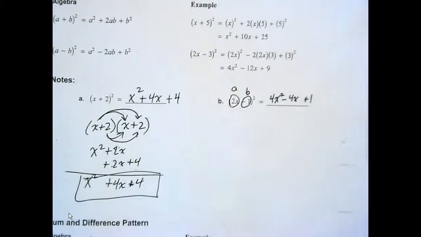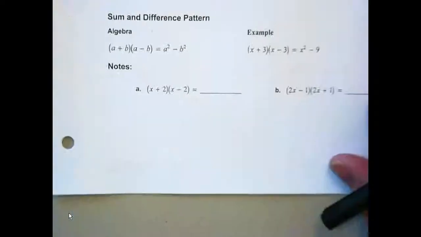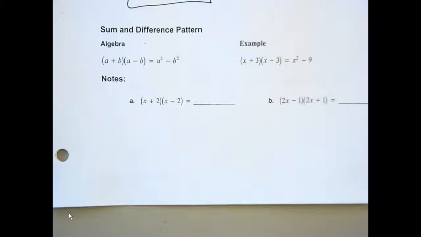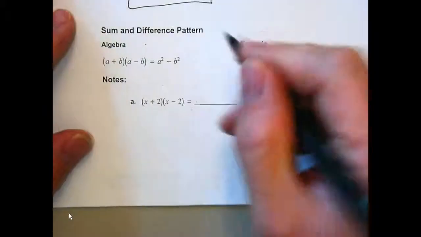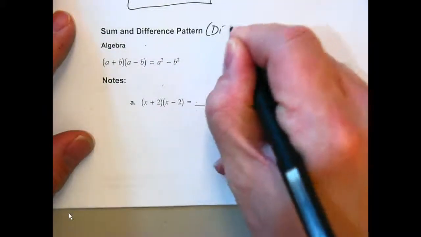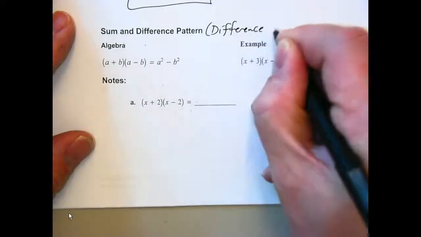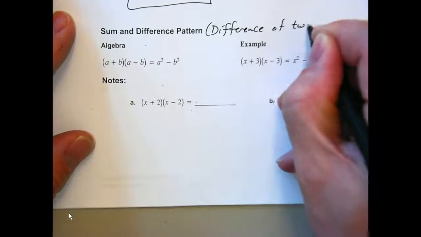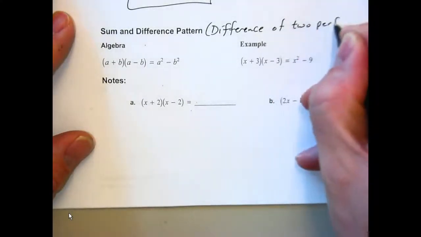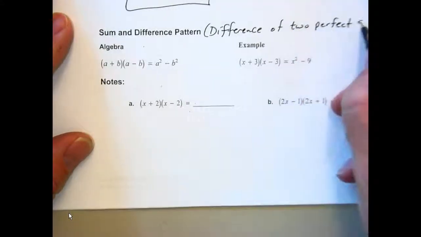All right. The next one, I've never heard it referenced as the sum and difference product pattern, but usually you'll hear it as the difference of two perfect squares.